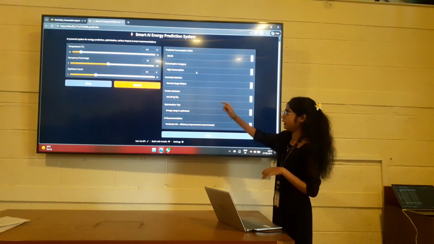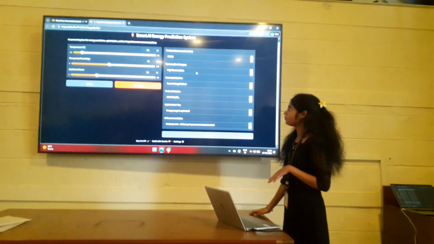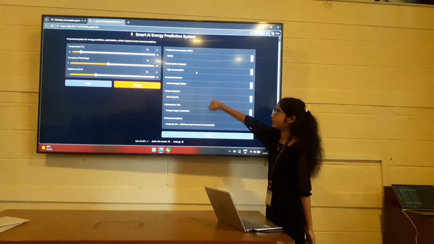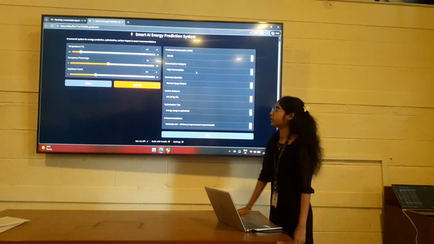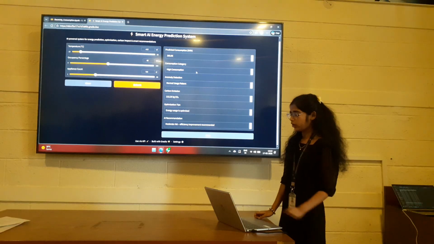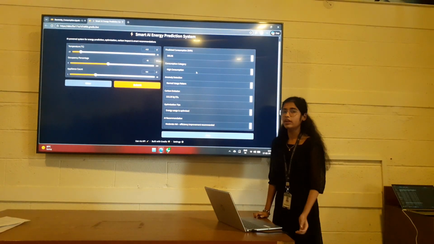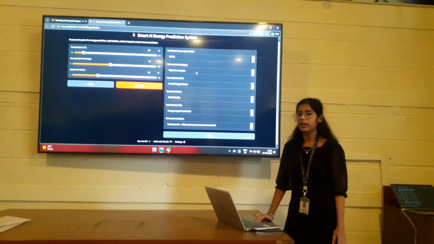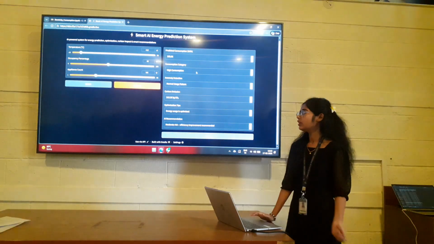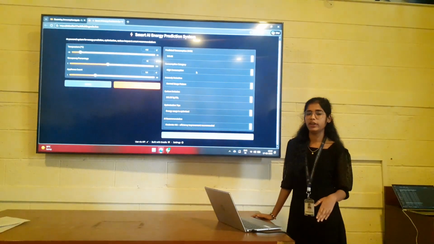And anomaly detection, it is normal, and it converts electricity into carbon emission, that is 213 for these values. It also gives energy usage tips and optimization tips, and for AI recommendation it gives some messages on how we can improve, what more we can add, like that.